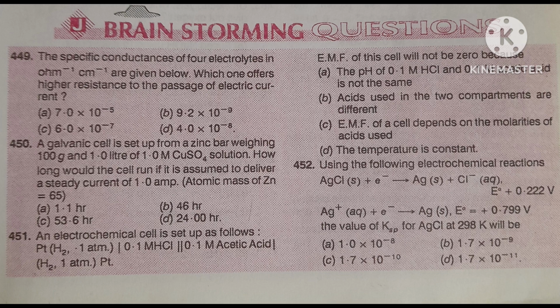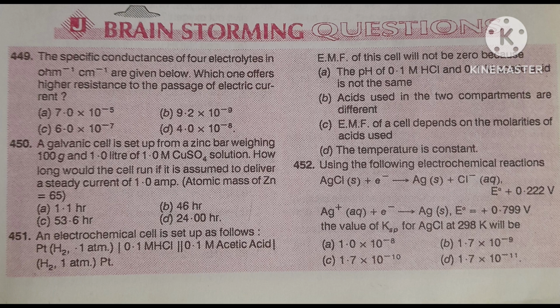See, 10 to the power minus 5 is the highest. 10 to the power minus 7 is again further less. Out of these 4, you will see that 9.2 into 10 to the power minus 9 is the least conductance, because the others are 10 to the power minus 5, 10 to the power minus 7, and the fourth option is 10 to the power minus 8.